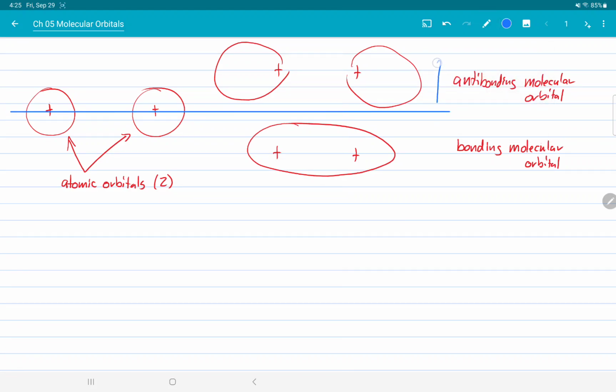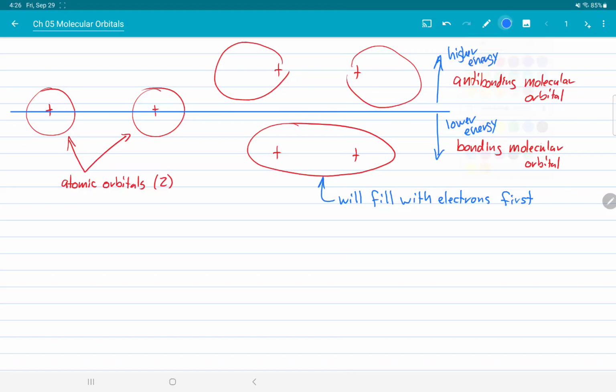And we can see that the anti-bonding molecular orbitals have higher energy, and the bonding molecular orbitals have lower energy. So these will fill with electrons first.